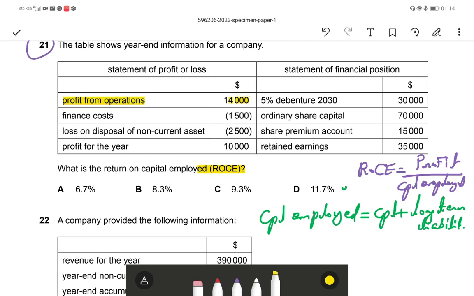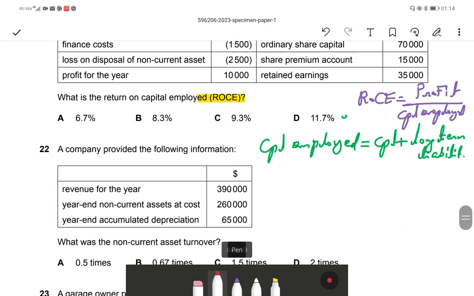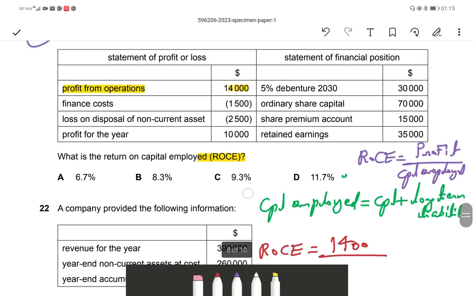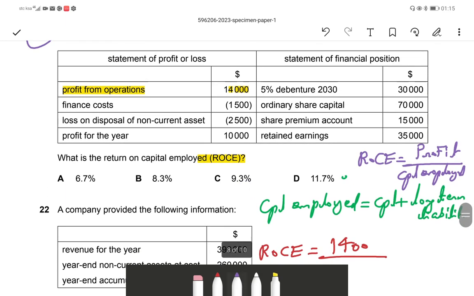So ROCE is equal to 14,000 divided by capital employed. Capital means ordinary share, share premium, retained earning, plus long term liabilities, debenture.